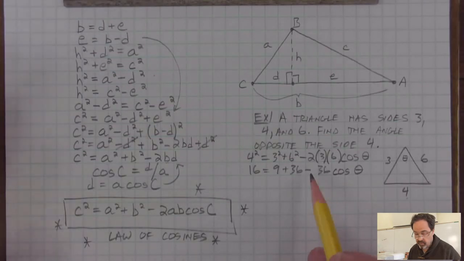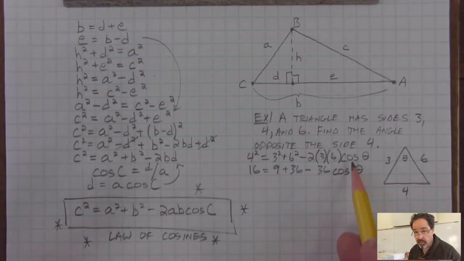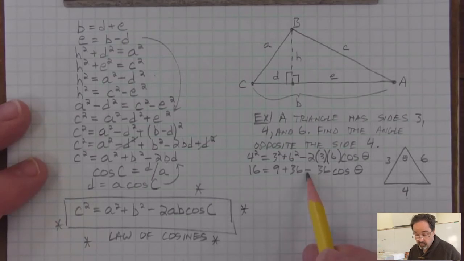But we can't because the 36, or whatever this number is, the product of 2, a, and b, is still multiplying the cosine of theta. And we have to multiply before we subtract. So don't make that common mistake. Do not subtract the numbers in this position. You can't. This number is multiplying still, and this number is not.